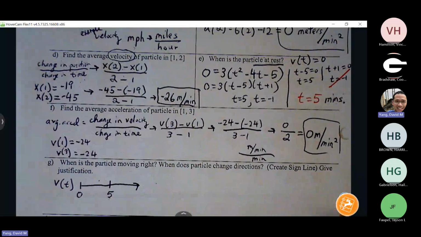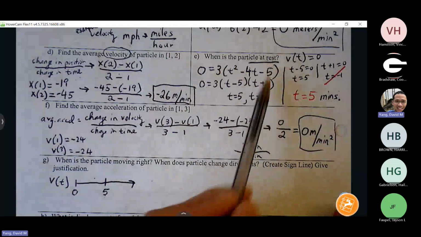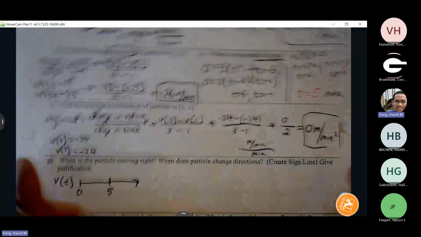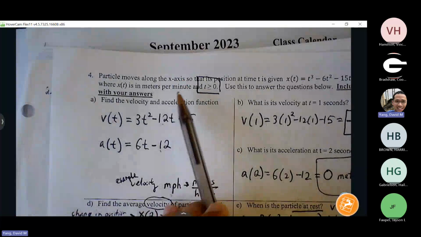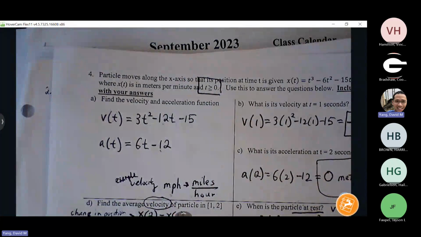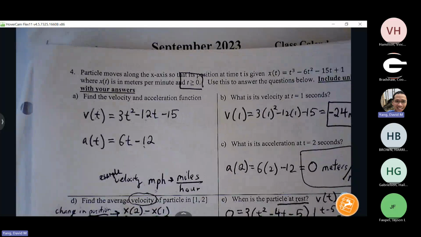Any domain restriction will be like the first number. If it said the particle is moving for all real numbers, then there is no starting value. That means your negative and positive numbers are involved, and you're only going to place values where velocity is 0.